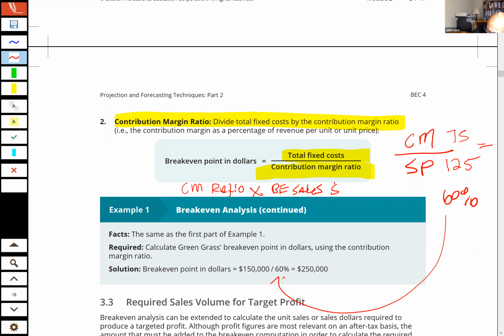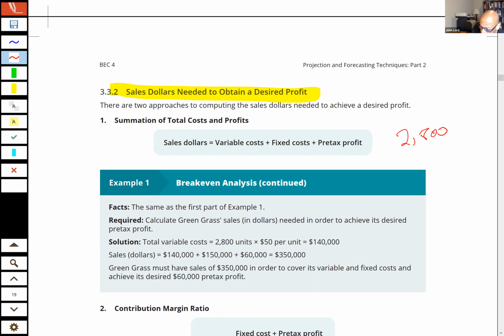Now, I don't know why they went through all this nonsense over here to turn that into a dollar amount. I don't know what all this means here. I just kept staring at that and I couldn't justify asking you to flashcard that when all we have to do is take the 2,800 units that are needed to meet our target profit and multiply it by the sales price of 125, and you get the answer.